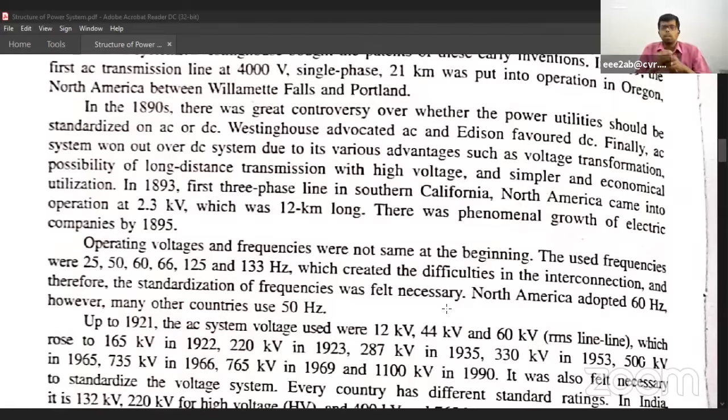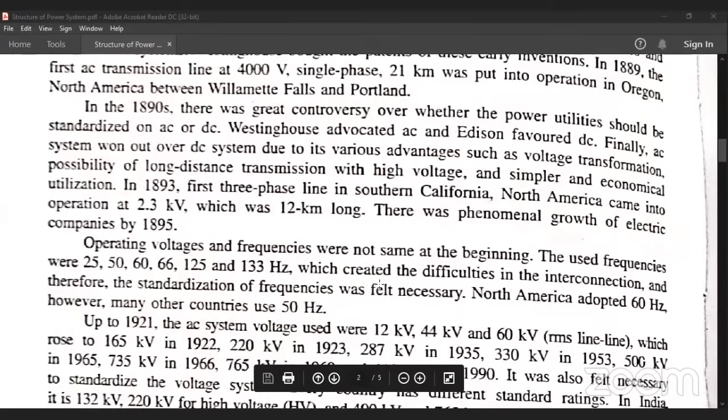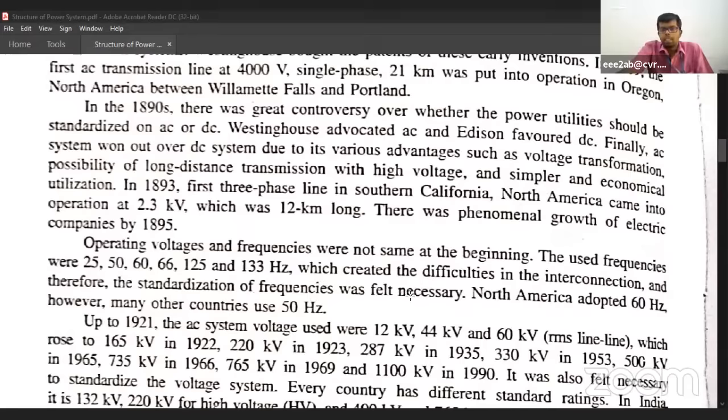Initially the frequencies were not the same, like 50 hertz or 60 hertz. Initially they were using 25 hertz, 50 hertz, 60 hertz, 66, 125, 133 hertz. Like this, many frequencies they tested initially, which created many difficulties in interconnections, and therefore standardization of frequencies was felt necessary.